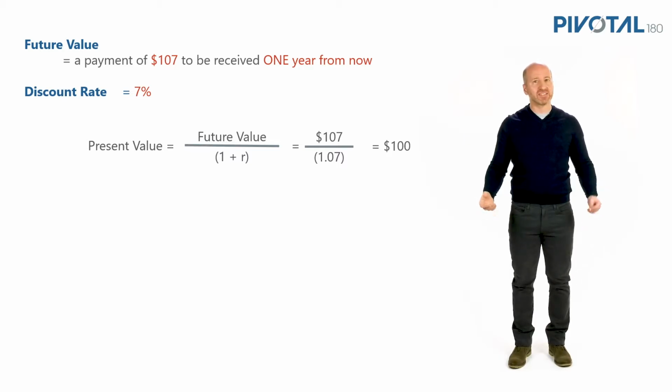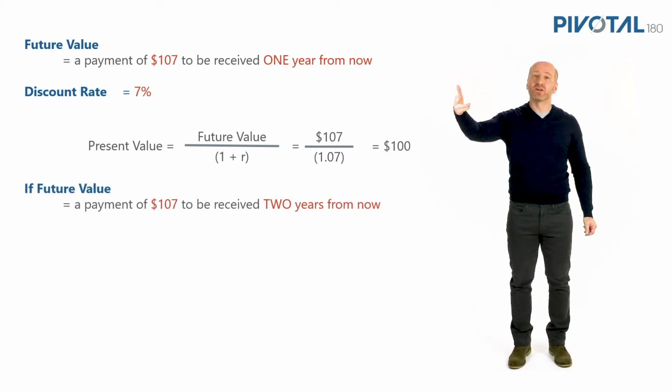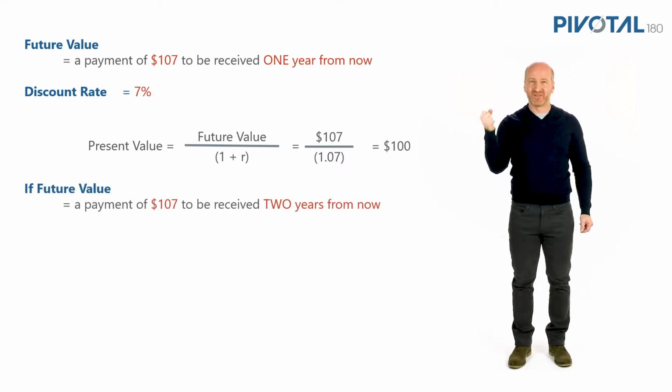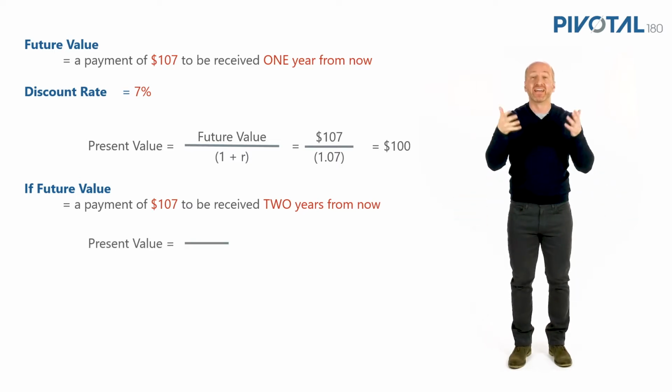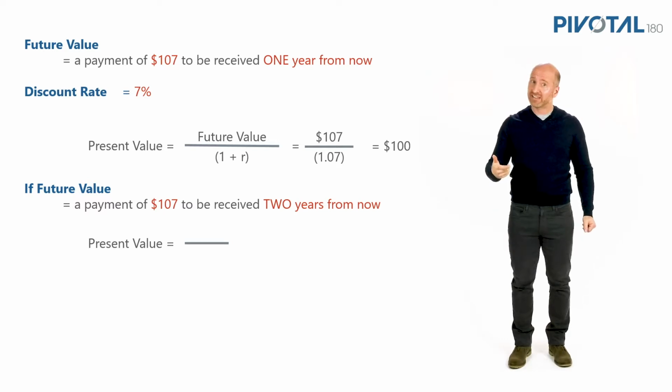How about a payment of 107 to be received 2 years from now? So I know that if it's received 1 year from now, it's worth only 100. What am I going to do? I'm simply going to discount it at that 7% discount rate for a second year.